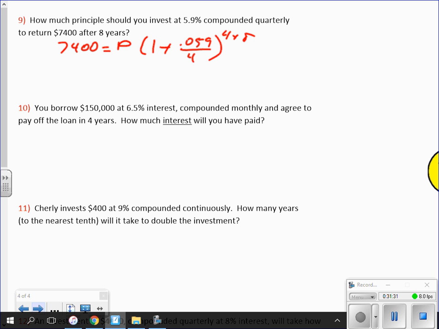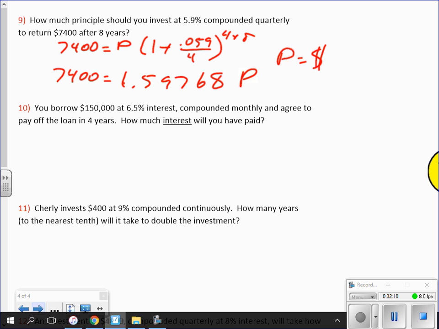Now, what I did was figure out what's in the parentheses and take it to the 32nd power. 7,400 equals 1.59768 P. Carry it out to several decimal places, that's what I did. Divide both sides by 1.59768.